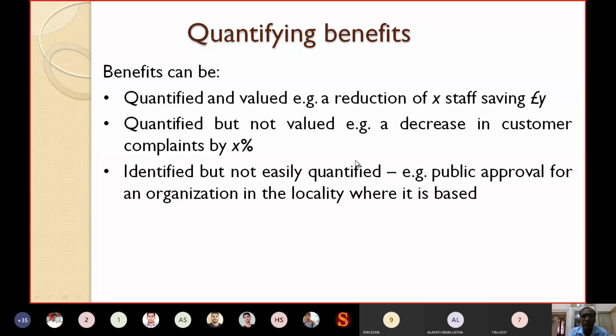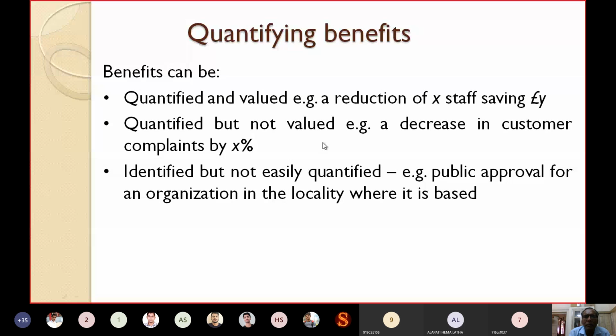We have quantified the reduction in customer complaints, but we are not able to know how much value we have gained in the benefit, because customers will be more satisfied, complaints are less, they will be attracted to your firm and they will purchase more products from your company. But exactly what is the value of the benefit that you are getting, it cannot be valued.